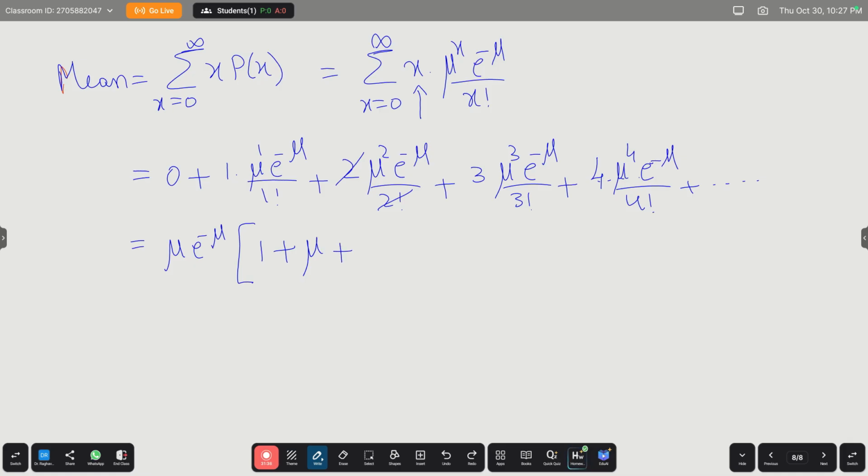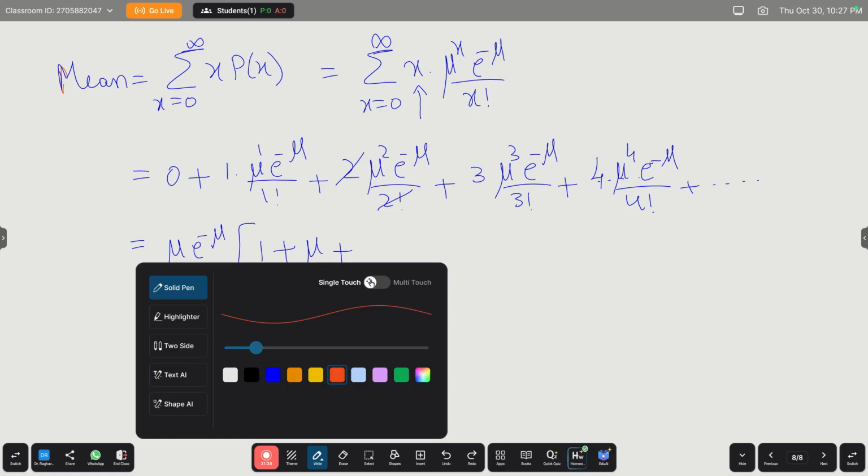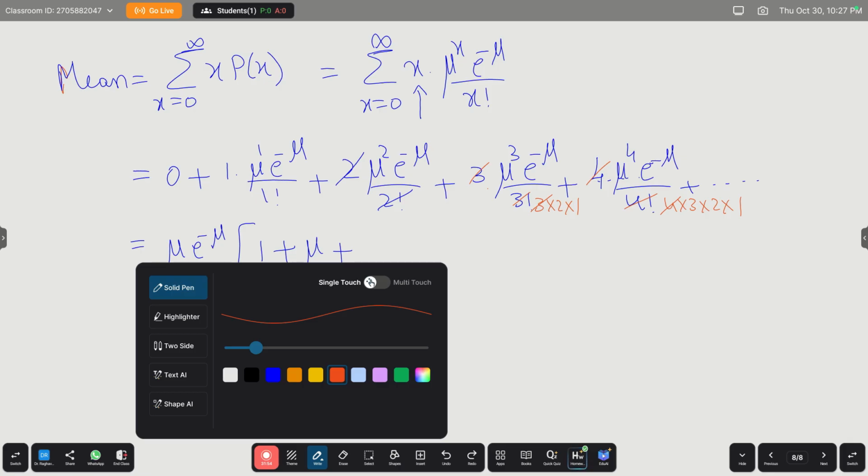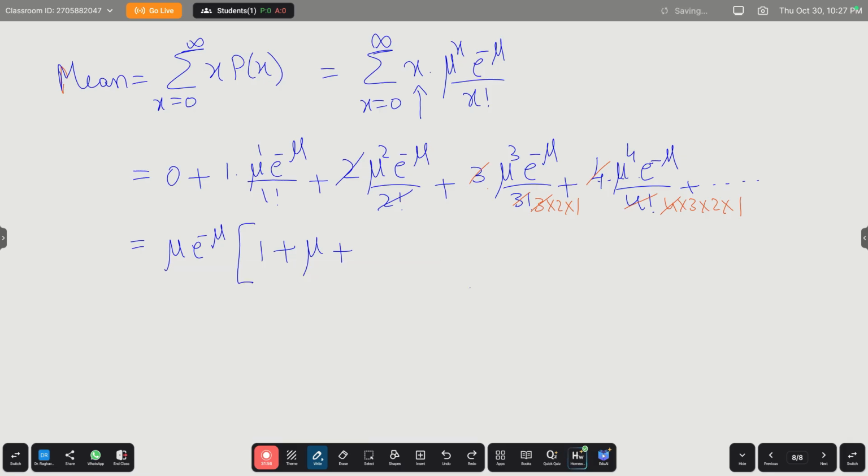Plus, here you have to observe that in the numerator 3 is there, in the denominator 3 factorial is there. 3 factorial means 3 into 2 into 1, so I can cut 3. And in the next term 4 factorial means 4 into 3 into 2 into 1, so 4 will get cancelled. So this will be mu cube. Mu you have taken out, so you are left with mu square, and e power minus mu is already outside.